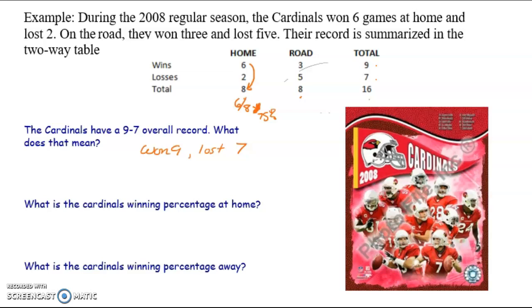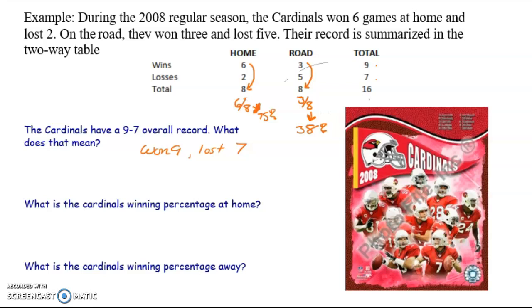For the road games, they only won 3 of these road games, out of, let's go down to the total, 8. So 3 over 8, 3 divided by 8, it's going to be right at 38%.